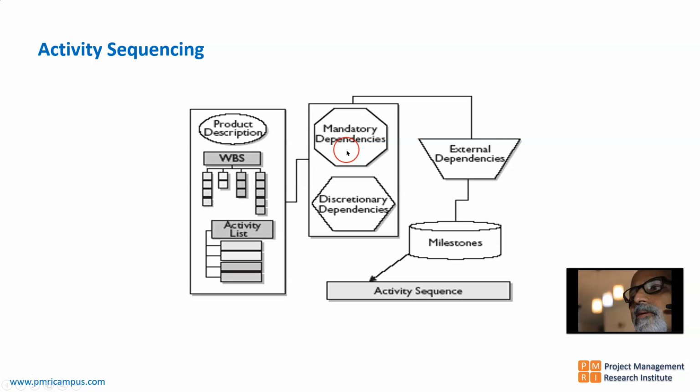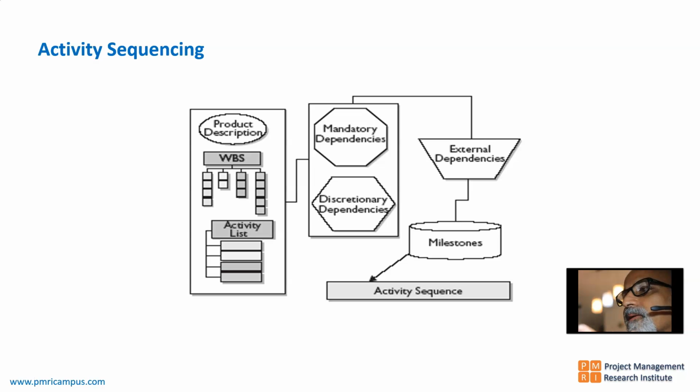Dependencies can be mandatory dependencies and discretionary dependencies. When we say mandatory dependency, it must be done. It is non-negotiable. I cannot start the construction of a building without getting the permission from the local government authorities. That is an example for mandatory external dependency.